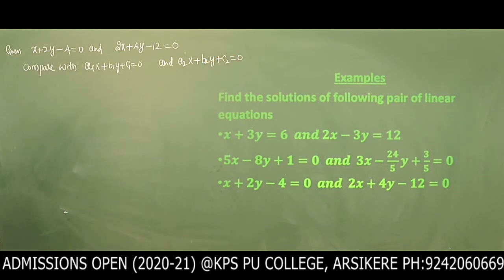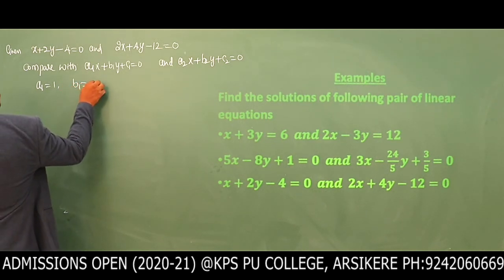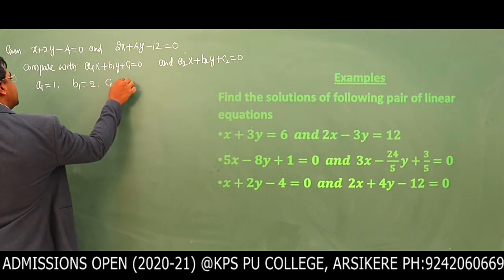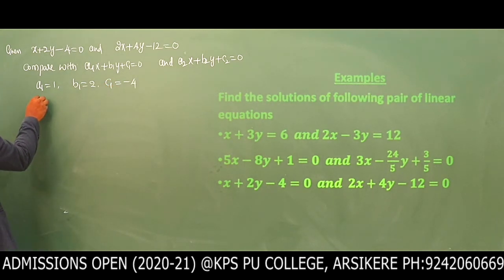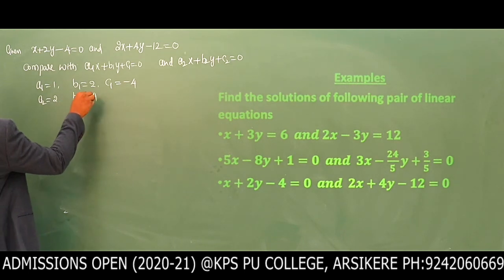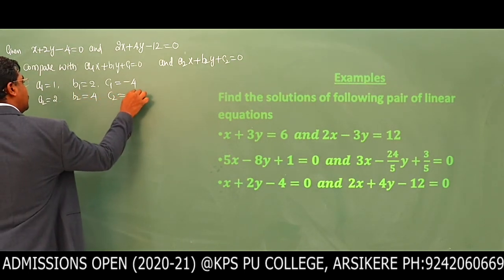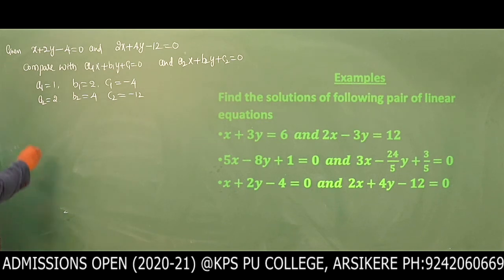When you compare these two equations, we obtain a1 is equal to 1 because the coefficient of x in the first equation is 1, b1 is 2 and c1 is minus 4. And in the second equation, a2 is equal to 2, b2 is equal to 4 and c2 is equal to minus 12.